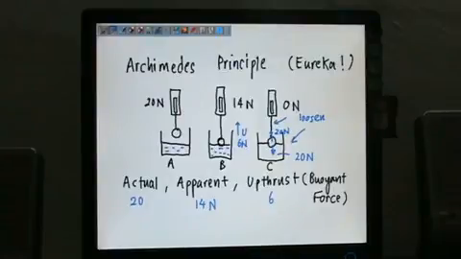So in this situation, we can say that the upthrust equals mg, or W if you like to call it.